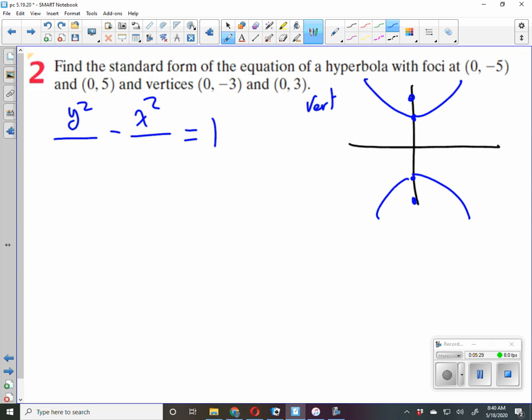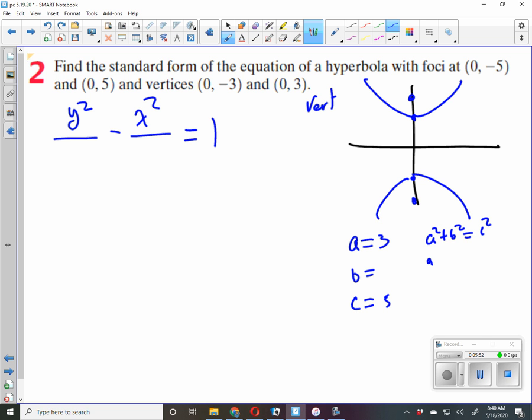That's your sketch. We know that a then is 3. B we have to find out. C we know is 5. So therefore, remember we have a squared plus b squared equals c squared.